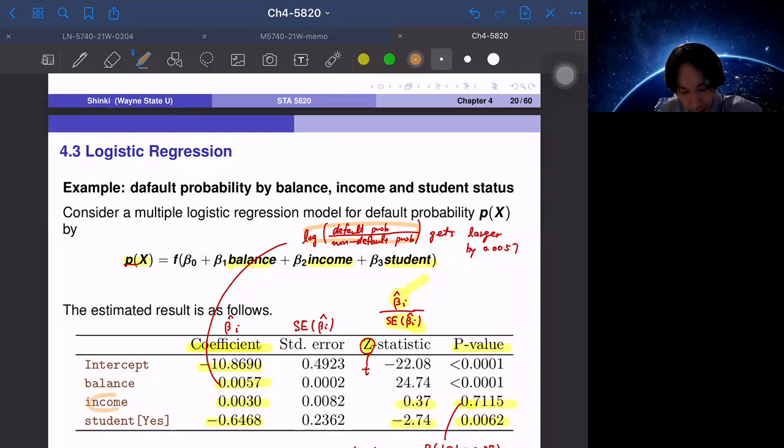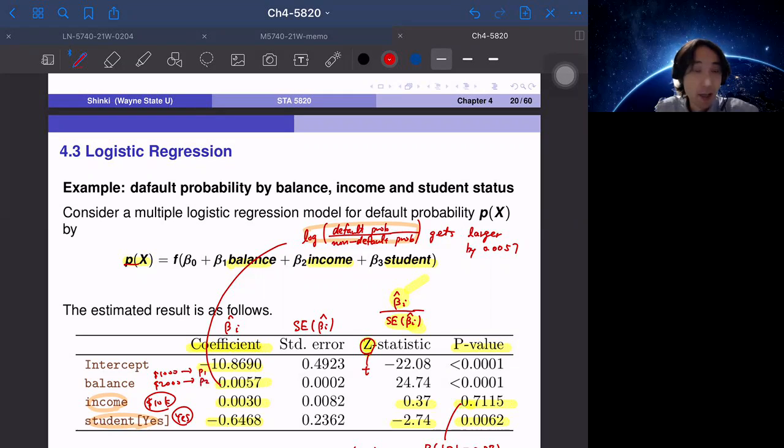For example, you plug in the average income and fix the student status, say income of $10,000 and student status yes. If we set these scenarios and compare balance of $1,000 and $2,000, then you can calculate the probability for each and compare how much it increases. But otherwise, we cannot really compare the probabilities.